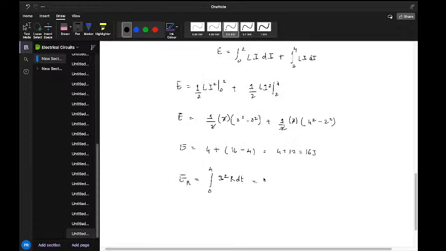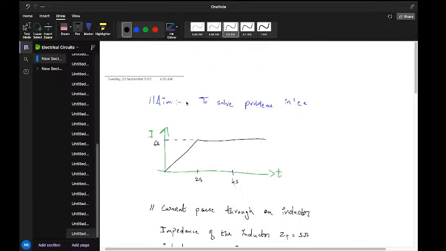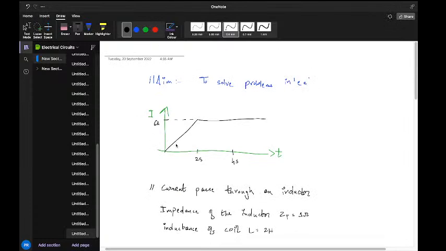We are also interested in the current, so let the integral go from 0 to 2 of I square R dt, plus 2 to 4 of I square R dt. Now we are interested in finding the value of current, since things are not constant here. Let me see what I can do.